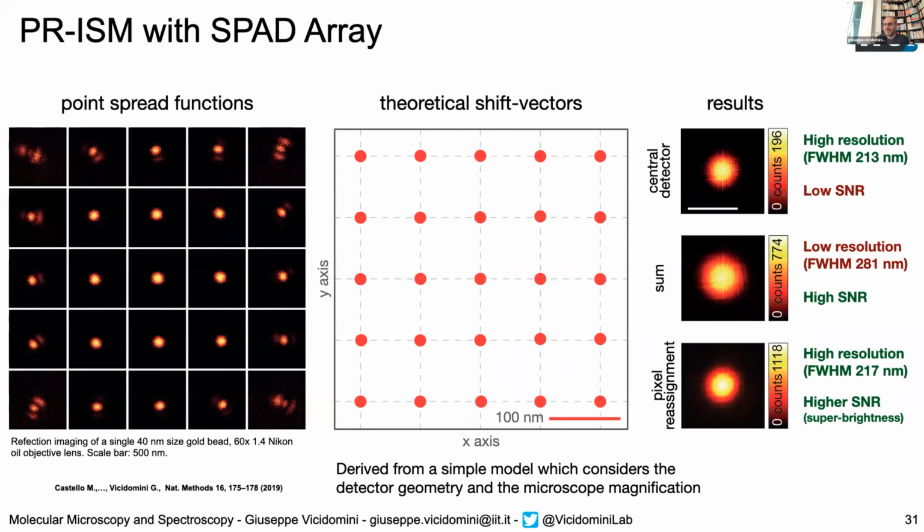If we apply Pixel-Reassignment, that, as I told you, is basically taking the 25 images, shifting them back to register with respect to the central image, and summing them up, then we get high resolution because we recover the resolution of a confocal microscope, also the square root of 2 enhancement. But at the same time, we are using all the photons. So here you see that we have more than 1,000 photons instead of only 200 photons. So high resolution and high signal-to-noise ratio.